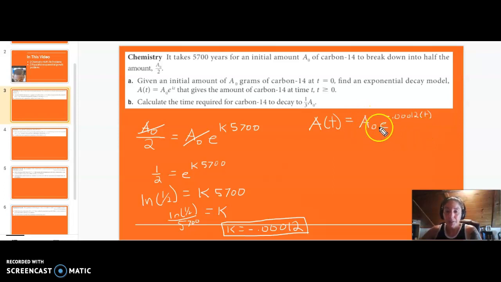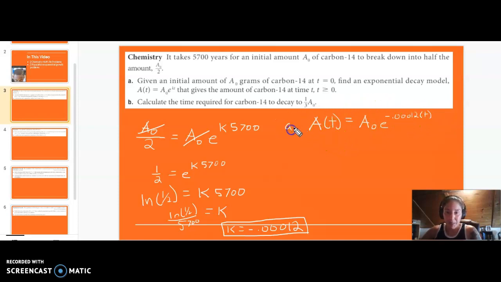So here is our equation. For a given amount of carbon, you can figure out how long it takes to decay. Or, give me an initial amount of carbon, I'll tell you after 2 years, and this will say how much carbon we have left then. It's an exponential decay model. So this is the answer for A.